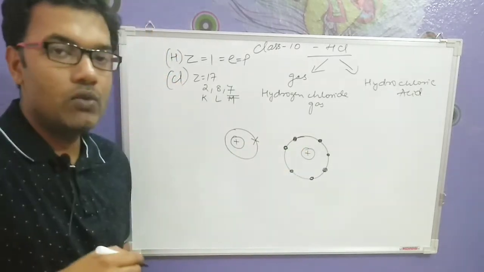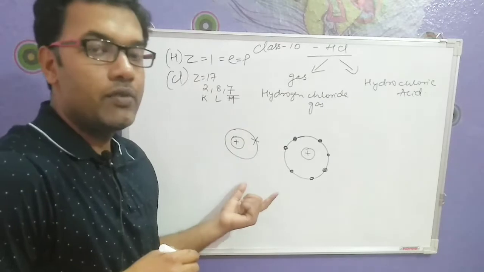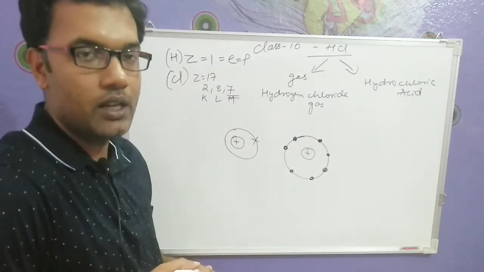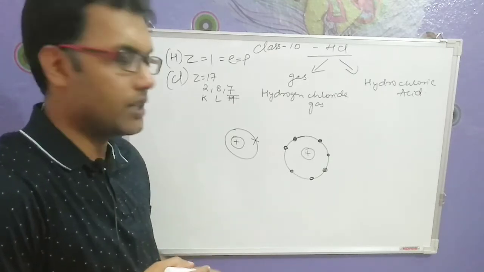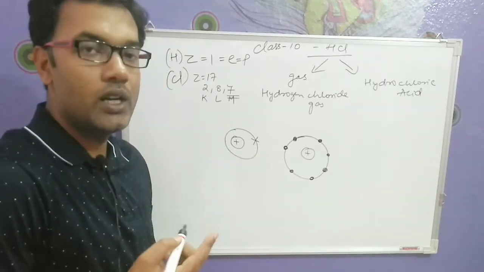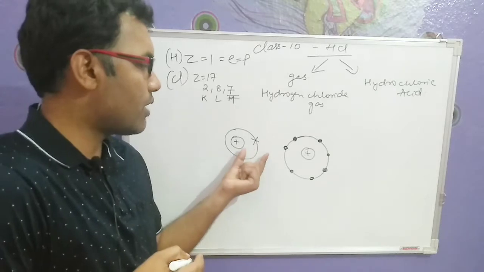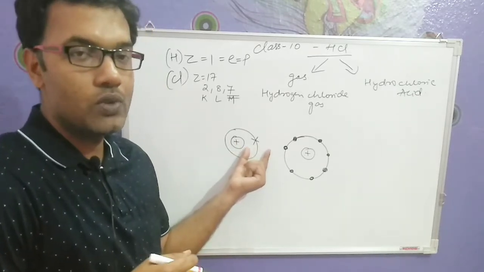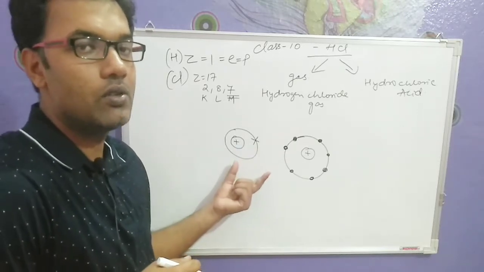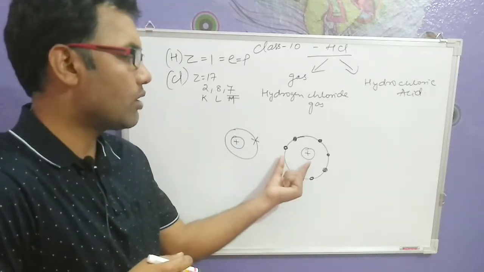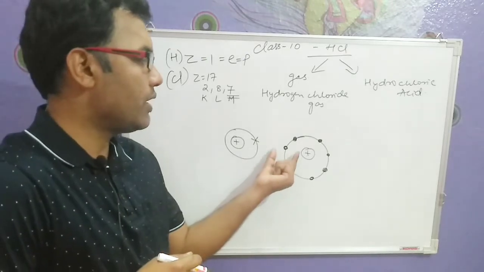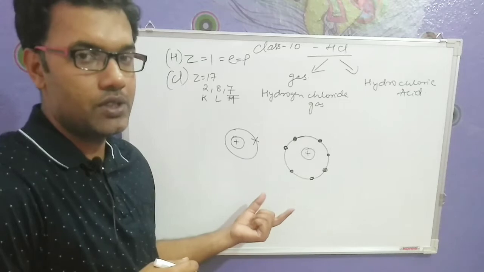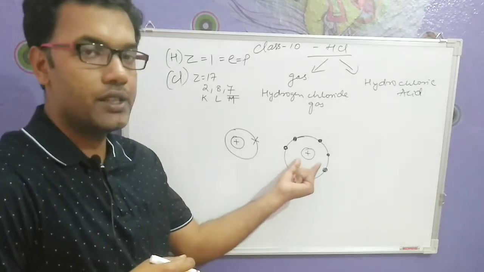Now what happens? We all know that every element wants to become stable, or wants to become like a noble gas, and to attain the noble gas configuration, hydrogen requires 1 electron. If hydrogen gets 1 more electron, the number of electrons becomes 2, and that electronic configuration is that of the noble gas helium. Now coming to chlorine. Chlorine has 7 electrons in its valence shell, so it requires 1 electron to become stable, or to come into the octet state.